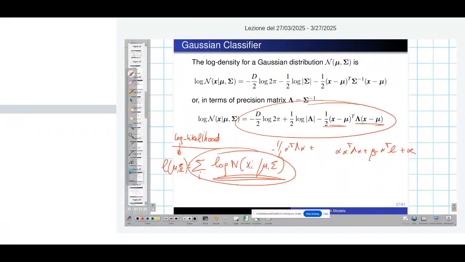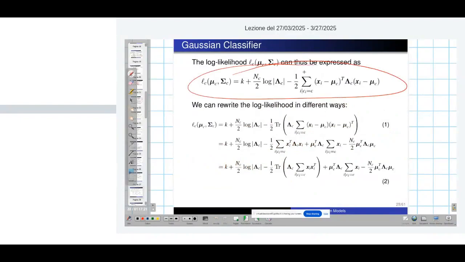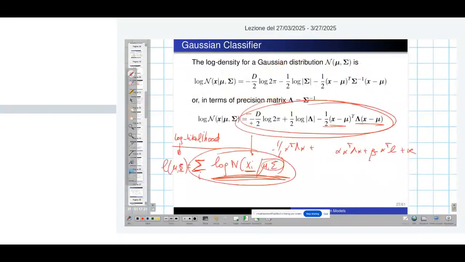It is the value of the log density computed at the samples, summed over all samples, when the model parameters are mu and sigma. So we take this expression and we put it in place of this summation. We have a summation over samples. If I sum this over samples, I get a summation over samples of this expression. This will be xi.